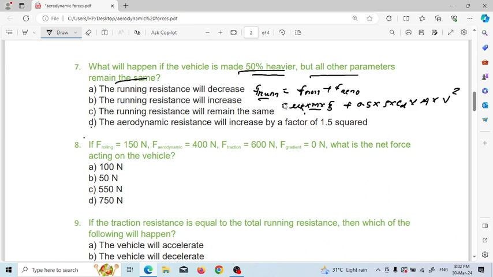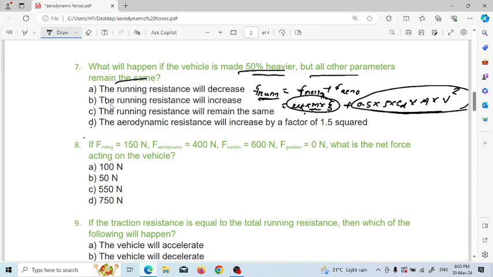Aerodynamic resistance is independent of the mass. In the formula, we can't find any mass related to the aerodynamics formula, and we find mass only in rolling resistance. So running resistance increases if mass increases.